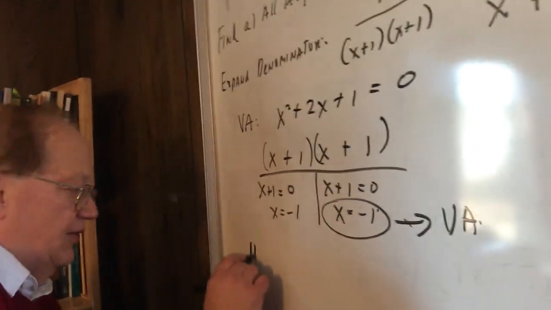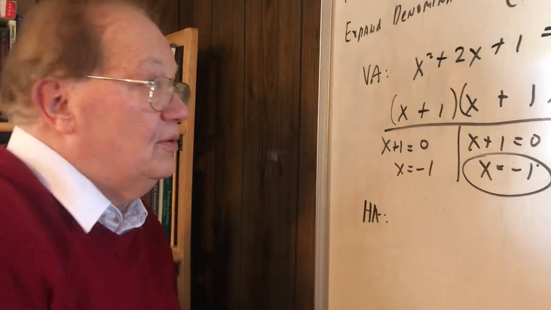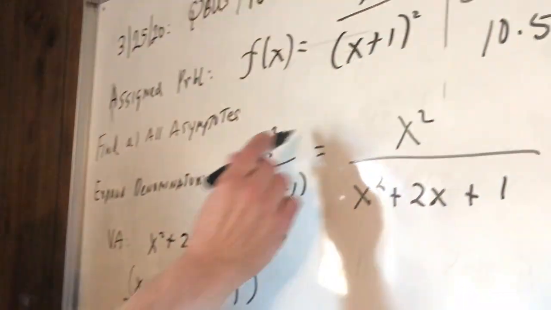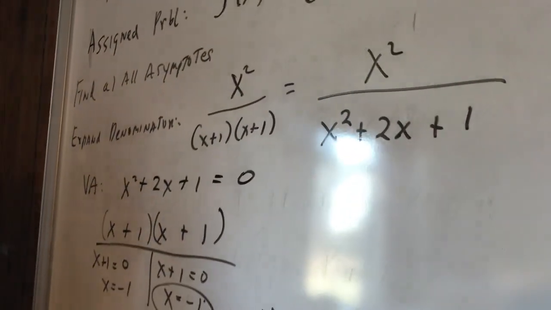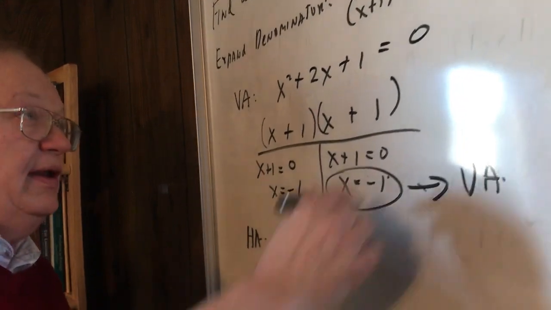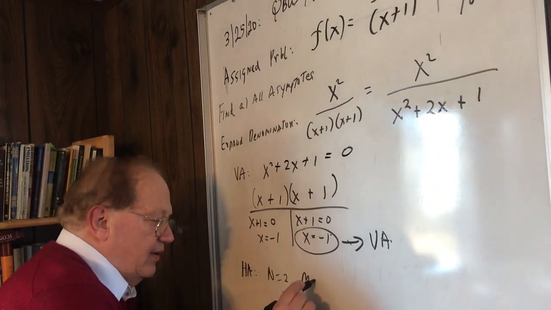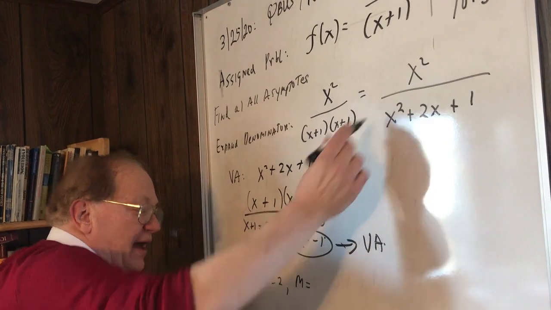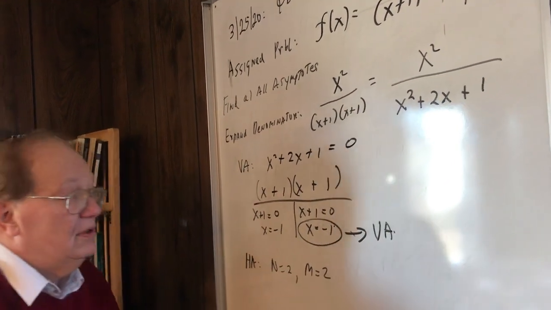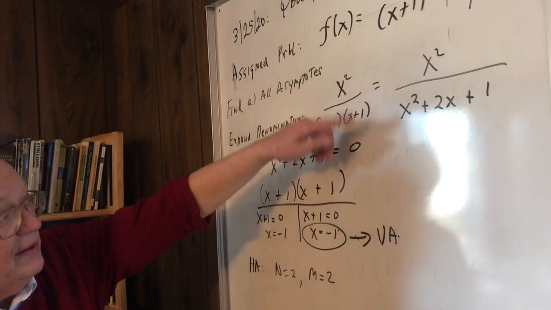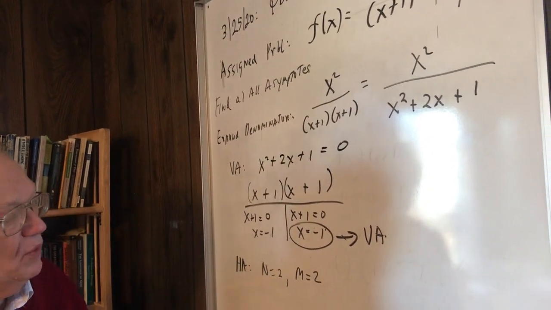Now, as far as the horizontal asymptotes, we have to examine the powers of n and m, and here n is the one in the numerator, which is 2, and m is the one in the denominator, which is also 2. See, if I didn't expand it out, I would have trouble figuring out what that was.